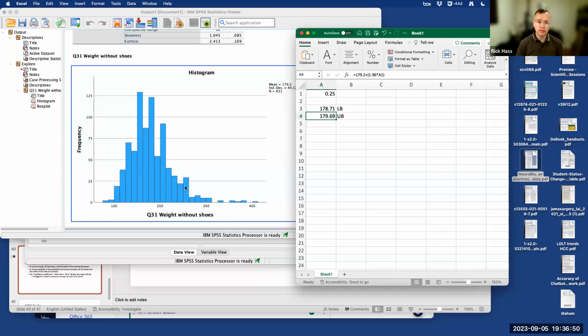The histogram for weight's going to look a little bit funky here because it includes men and women. So it doesn't look very normal. Right? And in fact, it is skewed because we do have a few folks who are very much on the high end there. So it's a little bit skewed, but generally we would treat weight as a normally distributed variable.